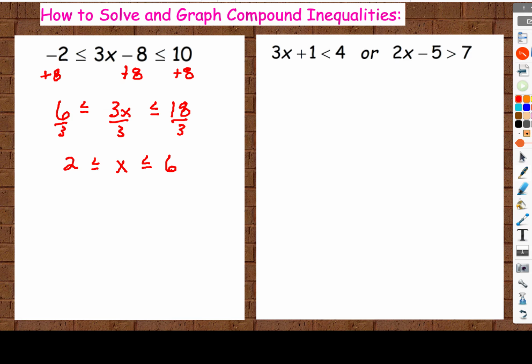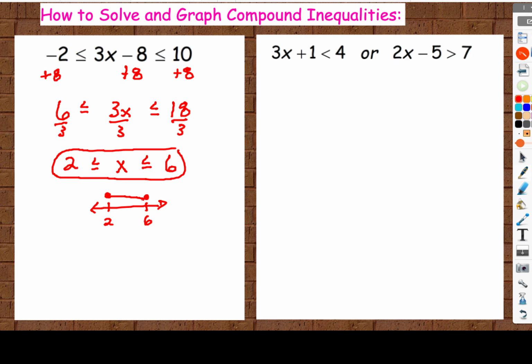And again, because x is now all by itself in the middle, that's a perfectly good statement right there. If I picture that on a number line, again, I've got a 2, I've got a 6. They're both or equal to's. And x is between, greater than or equal to the 2, but less than or equal to the 6.